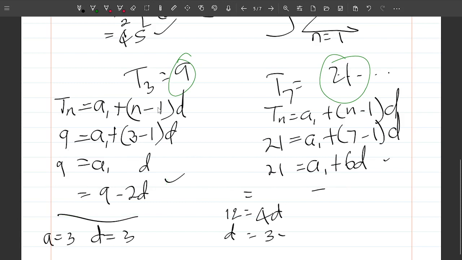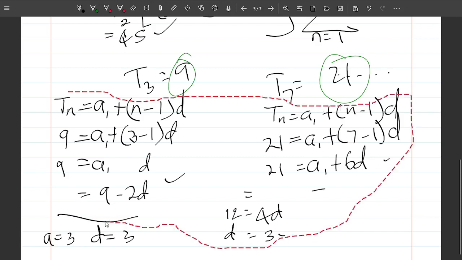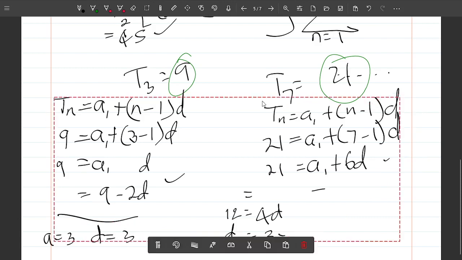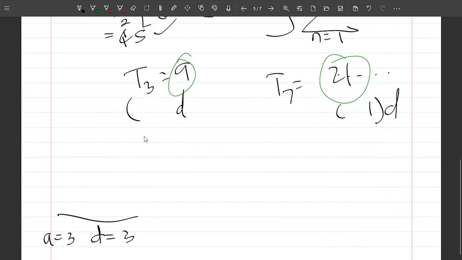So now I'm going to just get rid of these, hoping that you've copied them down. Okay, so we'll say goodbye to them for now, and we'll erase. Okay, so that's just T7.